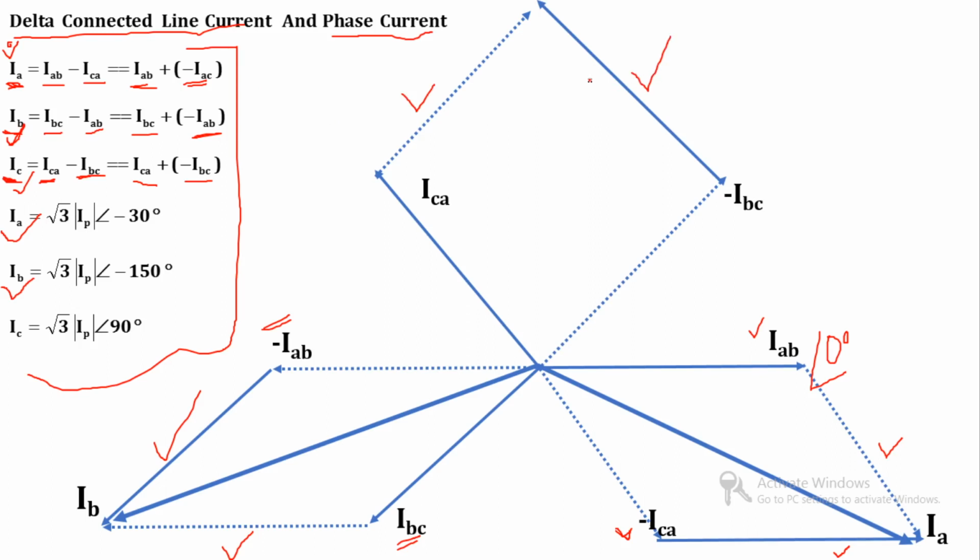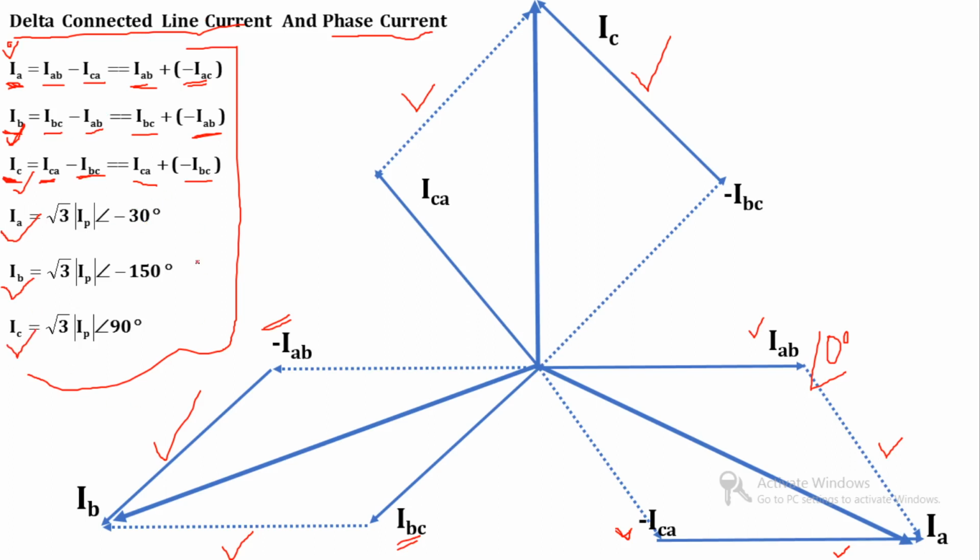So now we are able to find the line current IC, that is the addition of ICA and minus IBC. This is the third line current IC. So this is how we can draw the phasor diagram between line current and phase current for delta connection. Now let's try to find out the angle.